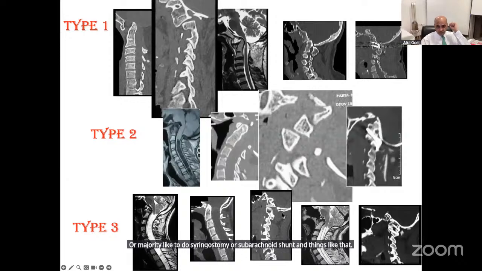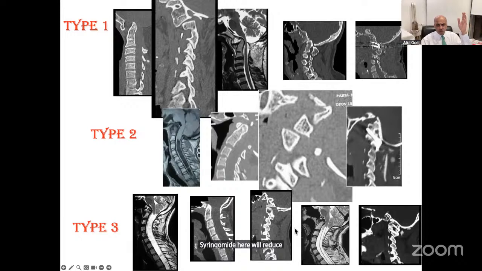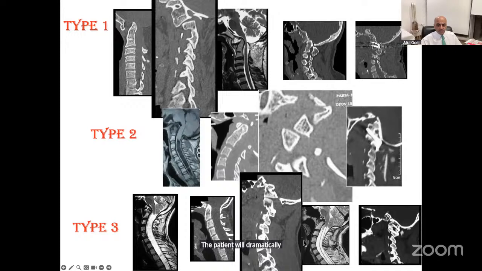What we have said is that presence of Chiari, presence of syrinx, presence of assimilation, presence of platybasia are all secondary chronic manifestations of atlantoaxial instability. Atlantoaxial stabilization is the treatment, and magic will be the clinical result. Syringomyelia will reduce. Whether it reduces or not is not the issue, but the patient will dramatically recover.